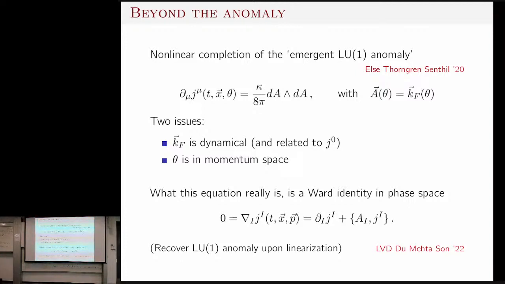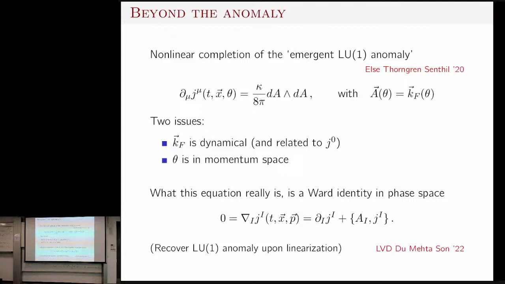And more pragmatically, the thing appearing on the right-hand side, this Kf, is dynamical. It's the same thing as the density. The density at a point theta is how big a lump you have at that point of the Fermi surface. If you have a big lump, you're changing Kf. So really what this looks like is the linearization of something around a Fermi surface at rest. And on the right-hand side, we have more of an operator rather than just a pure background field.